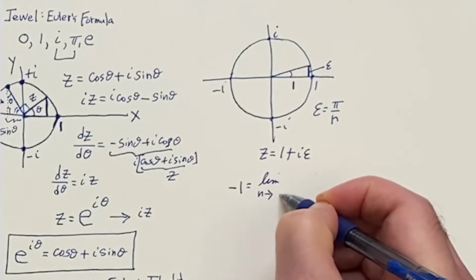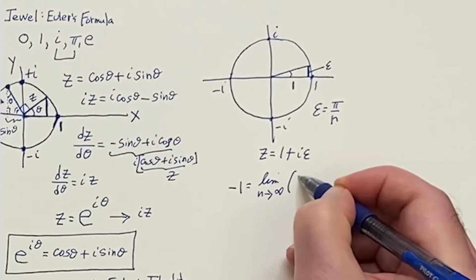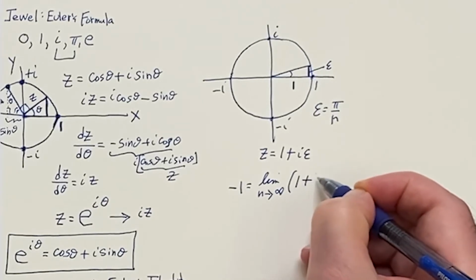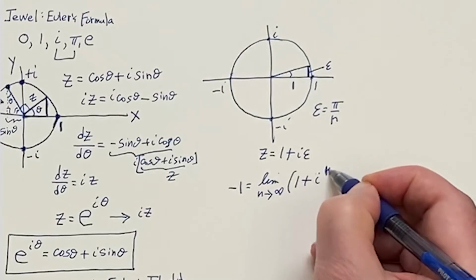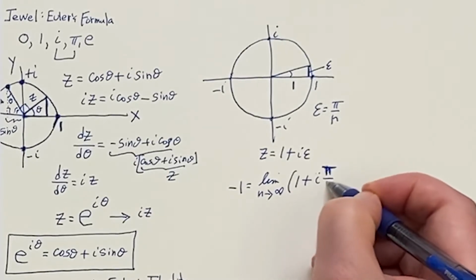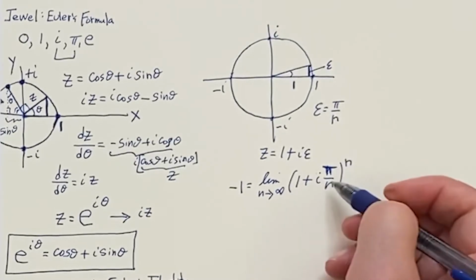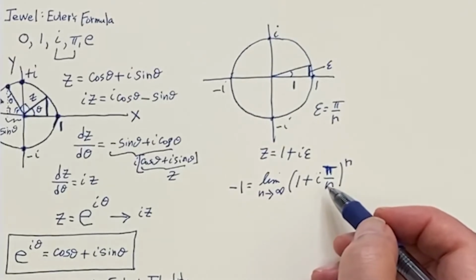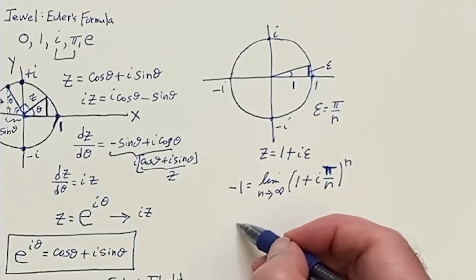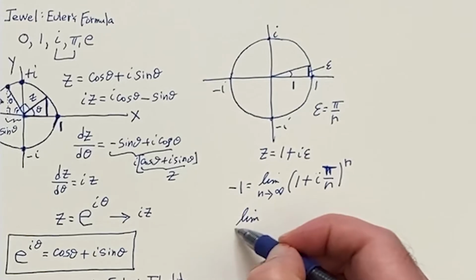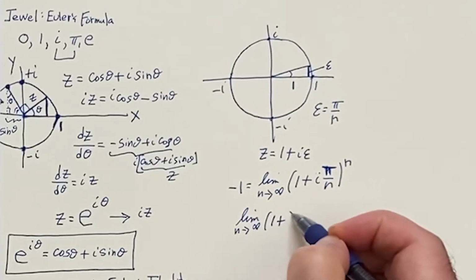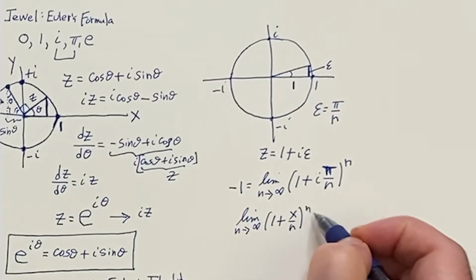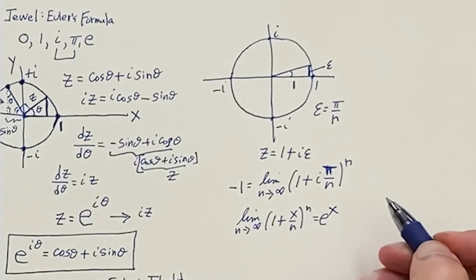As n goes to infinity, we break this up. 1 plus epsilon, where epsilon is pi over n. So this is what I want. But we know from our earlier result that when you take the limit as n goes to infinity of 1 plus x over n to the n, that's e to the x.